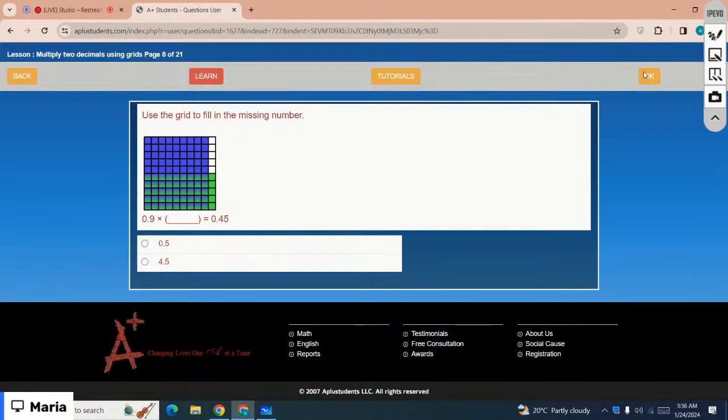Use the grid to fill in the missing number. 0.9 times.